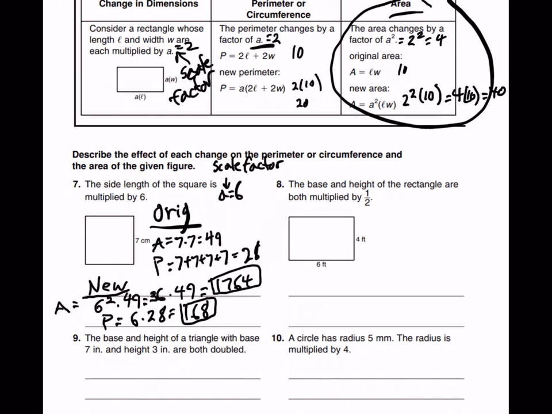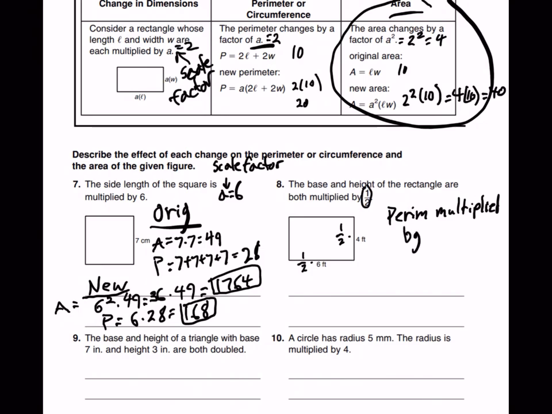Okay, for number 8, we can do this as well. Let's just talk about the effects. If both are multiplied by 1/2, so 1/2 times 4 and 1/2 times 6, then let's think about the perimeter. The perimeter will be multiplied by whatever my scale factor is.